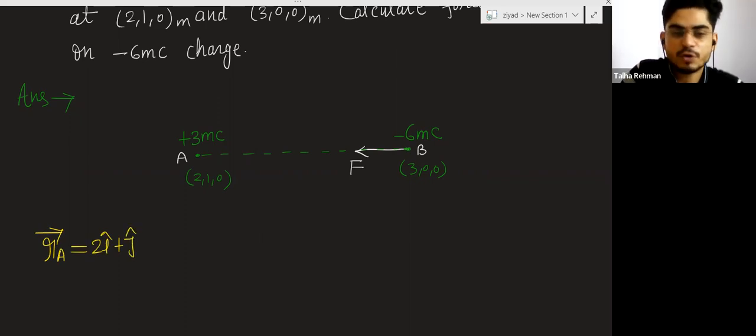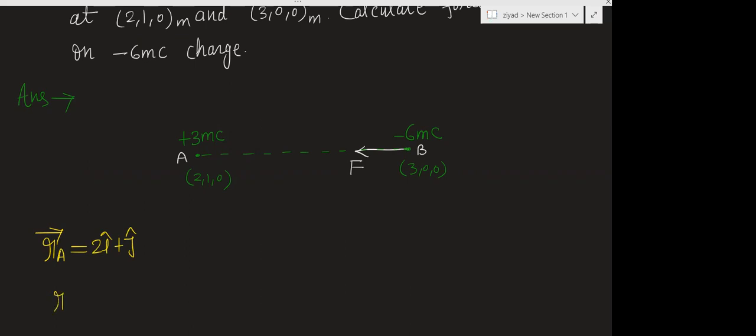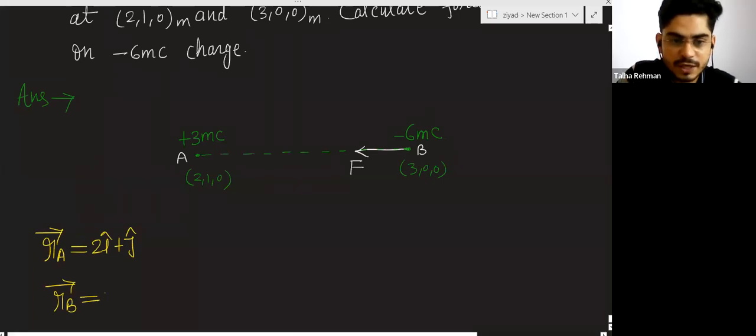The 0 is there, so you will not write the k cap form. If you want to write RB, you just write 3 i cap only.